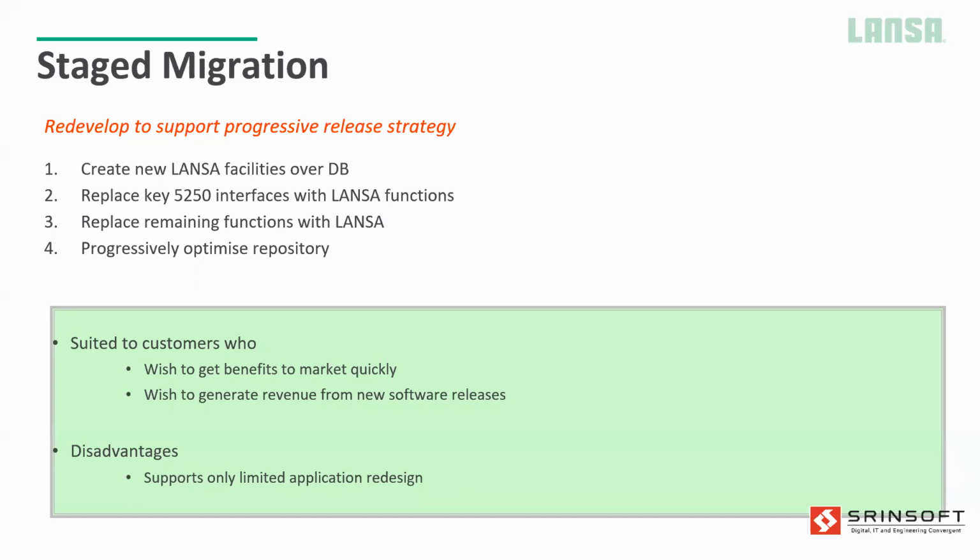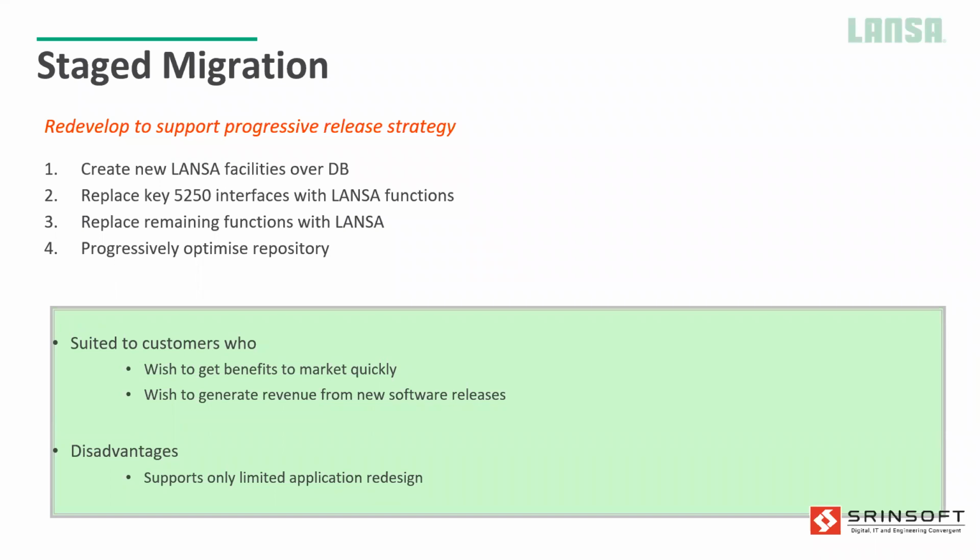Then, over time, the remaining green-screen programs are replaced with LANSA programs, but the original database is kept. This approach allows you to take advantage of the latest technologies and to get your solution to market quickly. However, as you are using your existing database, it supports only a limited application redesign.